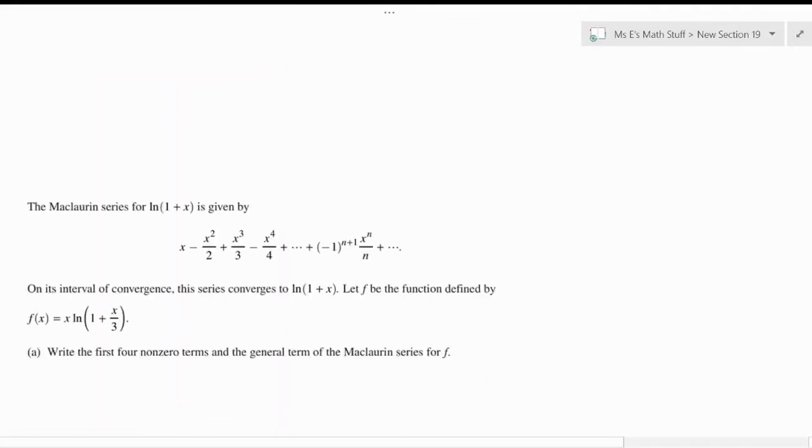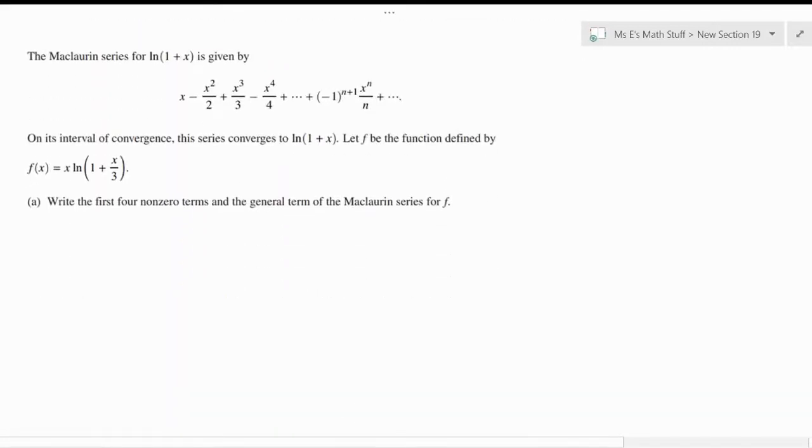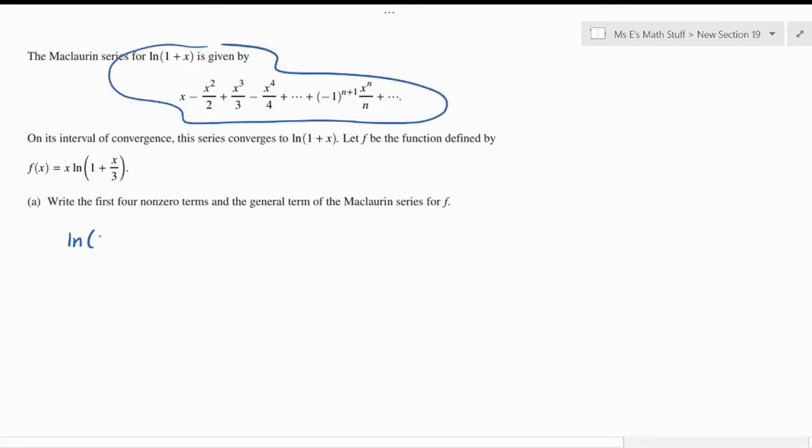So just focusing on part A here, I would start by copying down the most important thing from the introduction here. And so that is simply that for the x values, on the interval of convergence, these two things are equal to each other.